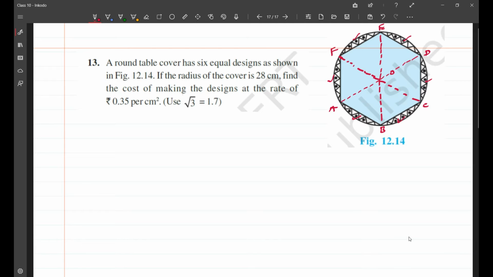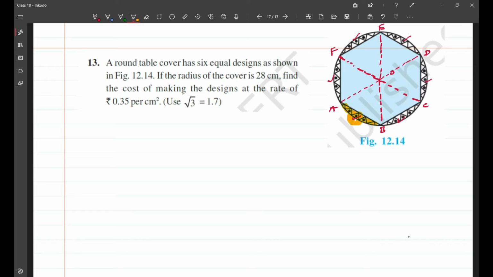In this figure we got 6 sectors. Suppose you take OAB, I am taking one of the sectors, OAB. From the OAB sector I will find the area of this design. Then I will multiply by 6 because there are 6 designs.